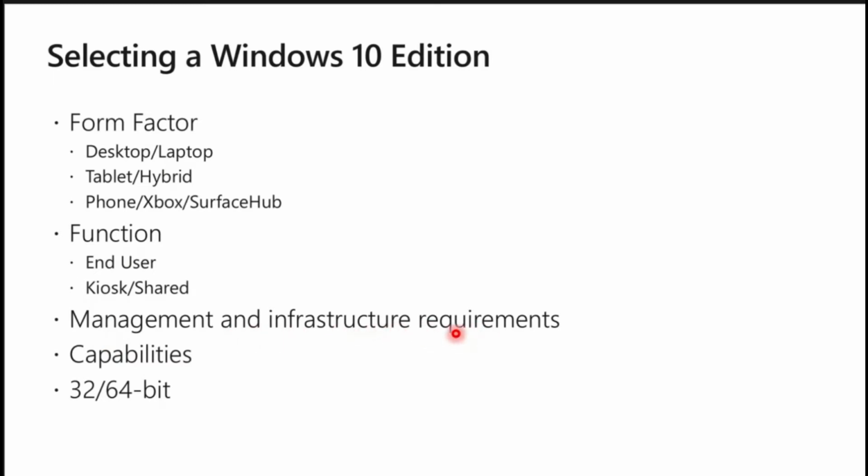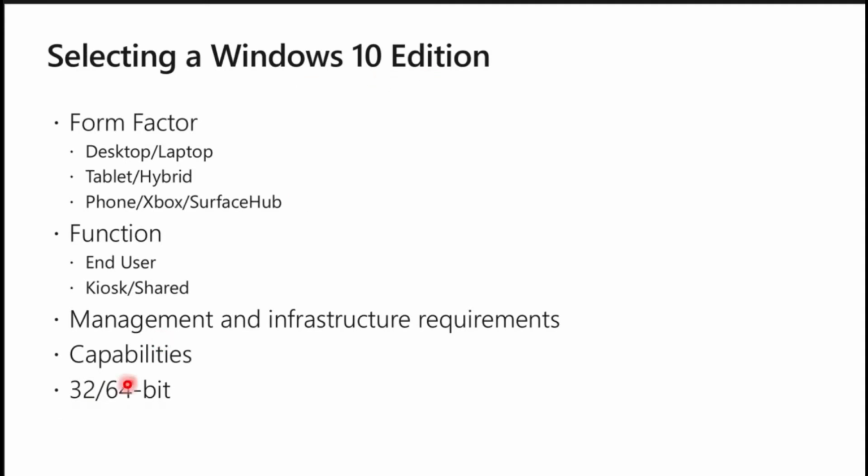Management and infrastructure requirements, capabilities, 32 to 64-bit. So this is where we can install Windows 10, what particular scenario needs this kind of edition, what functions Windows 10 can do, and what management and capabilities it has, and 32 to 64 bit.